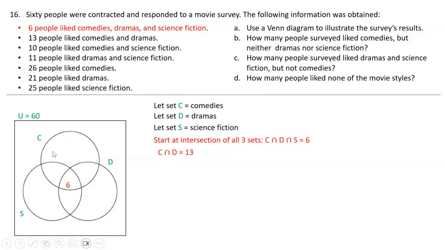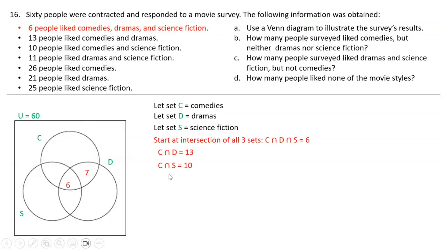This is my set C, and this is my set D. They both intersect in this area right here. They're saying that this has to be 13, but we already got 6. So 6 plus 7 will give us my 13. So 7 goes there.